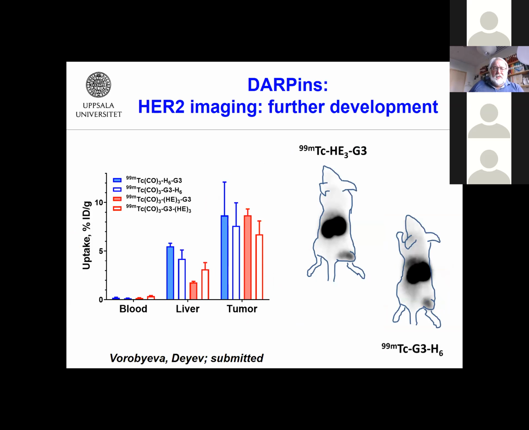So we found that if we place a tag at N-terminus, we reduce hepatic uptake fourfold. And that might be the difference between success and failure.